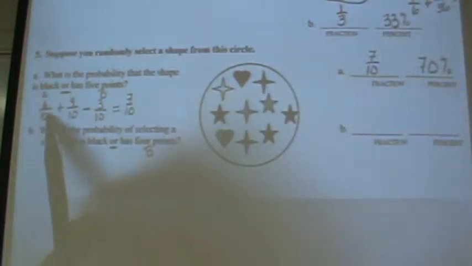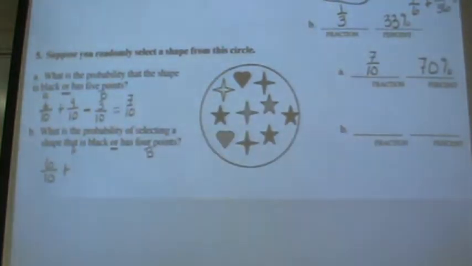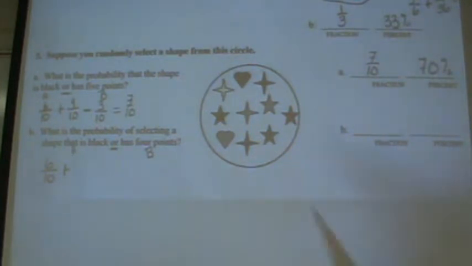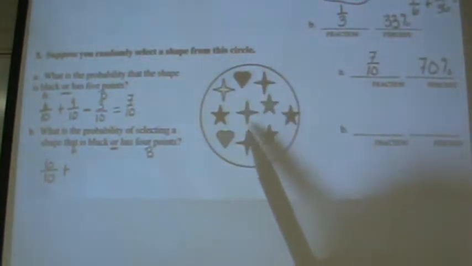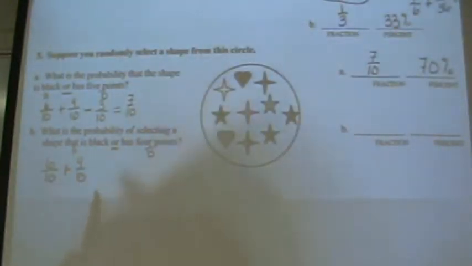So the probability of event A is the same as what we had in part A. We still have 6 black shapes out of 10. And then event B now is that it has 4 points. So we have 1, 2, 3, 4 shapes with 4 points. So that's plus 4 out of 10.